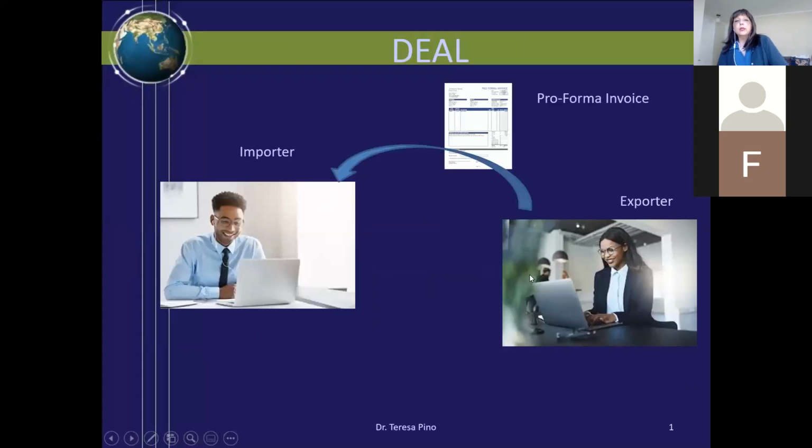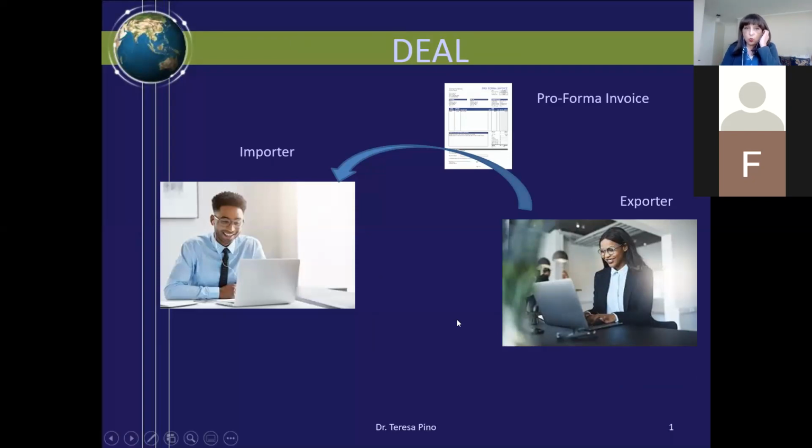Okay, so I'm going to show you the basic process, and then I'm going to give you the exercise so maybe you can come up with the answer. As I told you before, there is the deal, everything related to the transaction. Once they agree on every single aspect, that's why it's not only one meeting. You have conversation after conversation. Sometimes the exporters request samples of the merchandise, so you have to send them so they can see them, touch them, and so on.